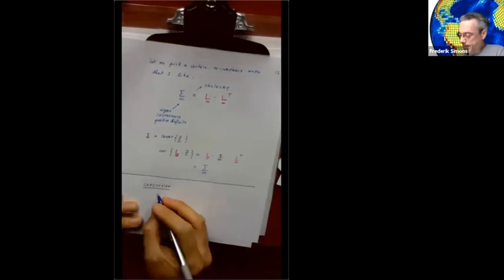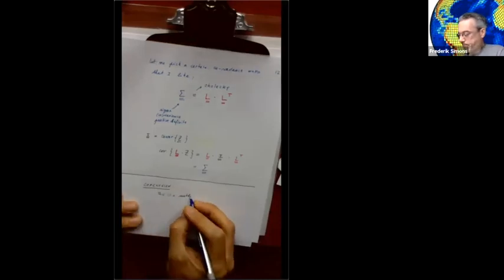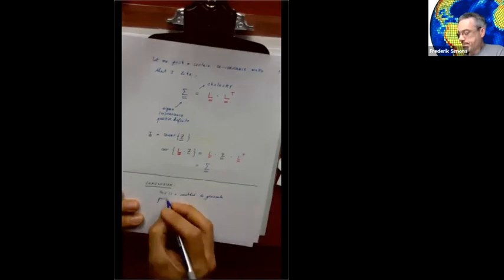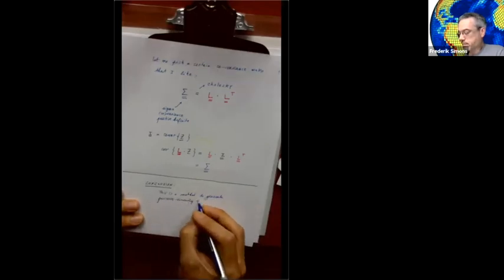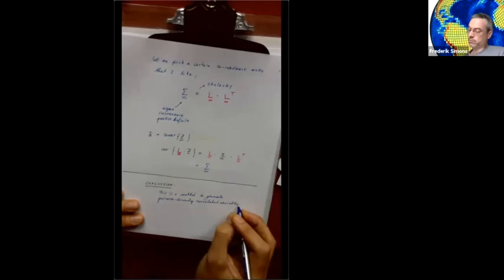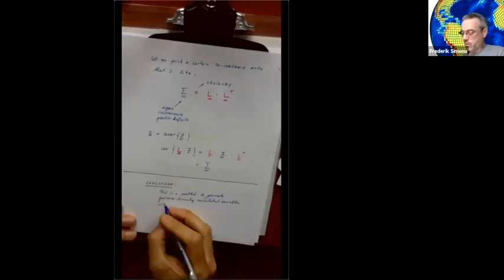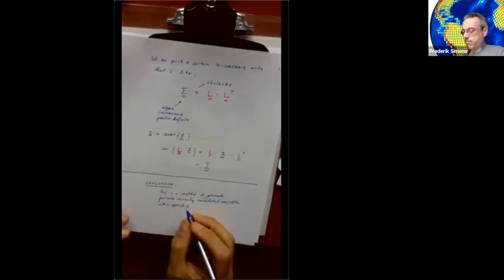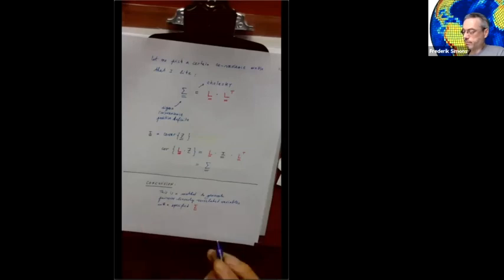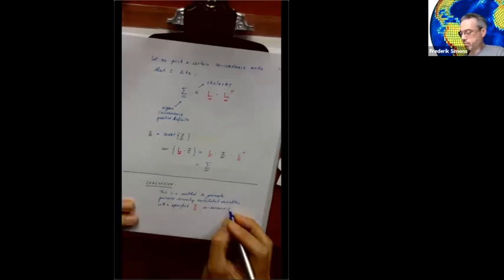So this is a method to generate pairwise linearly correlated variables with a specified variance covariance matrix between them.